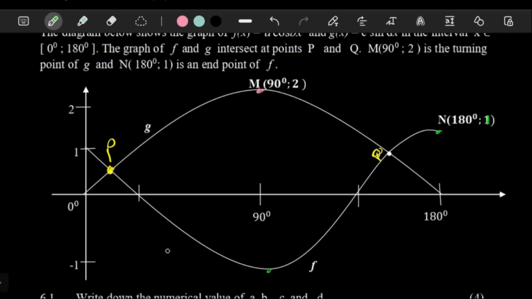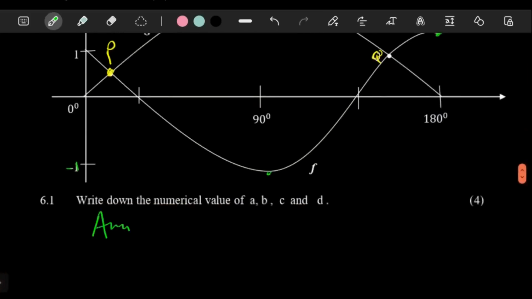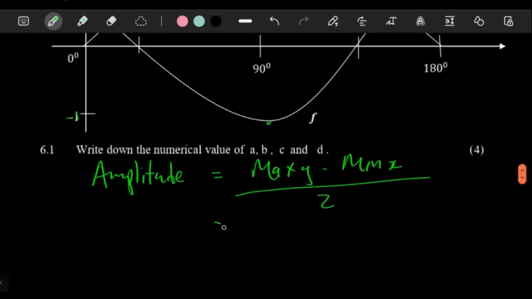So from 1 to -1. Remember your amplitude: it's the maximum y value minus the minimum y value, the whole thing over 2. So the maximum y value is 1, the minimum y value is -1. This is going to be 2 over 2, which is 1.